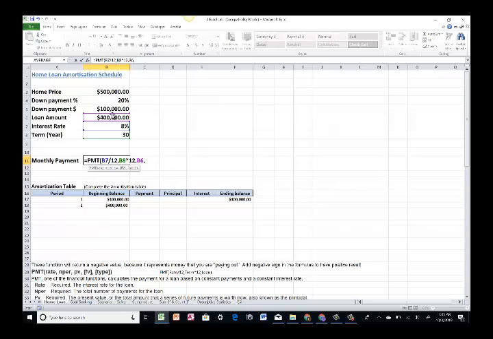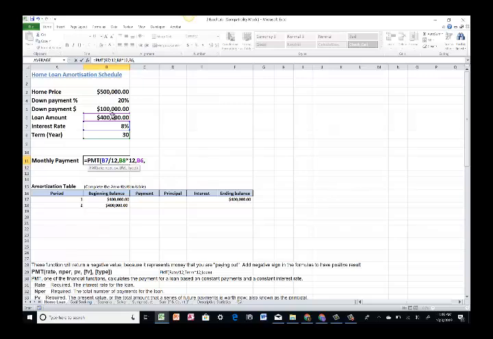The fourth argument is the future value of the loan, and it means how much is going to be left after all the payments are made. I'm going to be paying out the loan in full, so my ending balance, the future value of the loan, is 0. I can put the 0 or I can omit this argument, and by default, if you omit it, Excel takes it as a 0 balance at the end of the term of the loan.